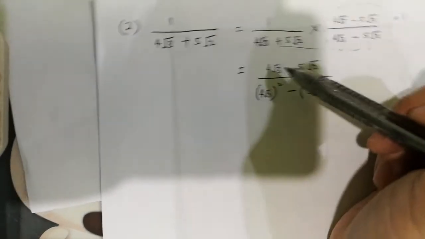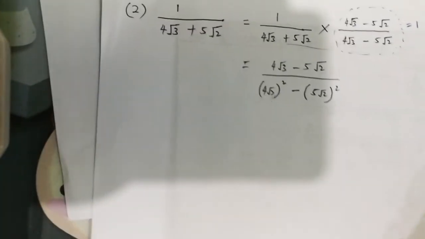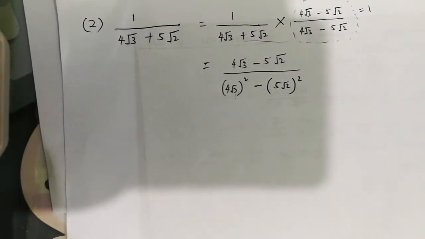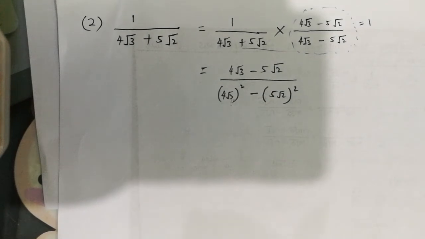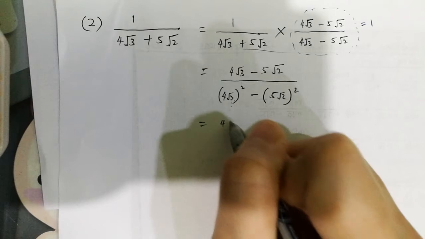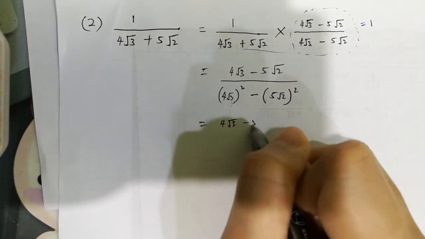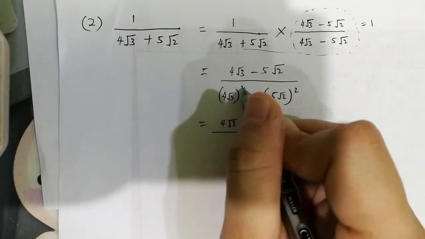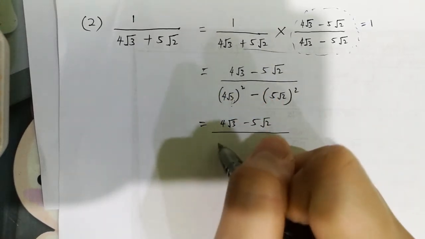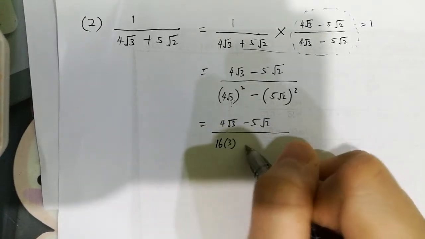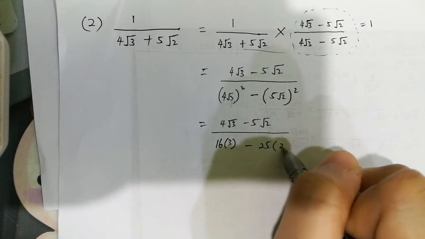Okay, so now we'll see simplify. How to simplify? So this one bracket square, so you will get 4, 4, 16 times with root 3. 25 times with root 2.